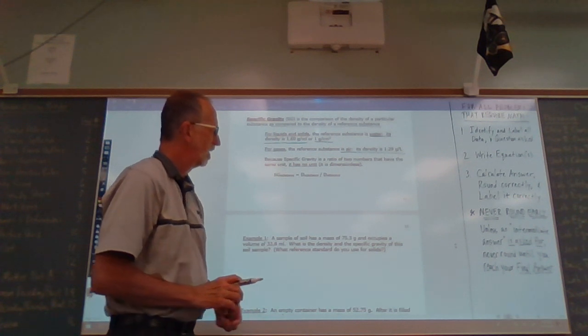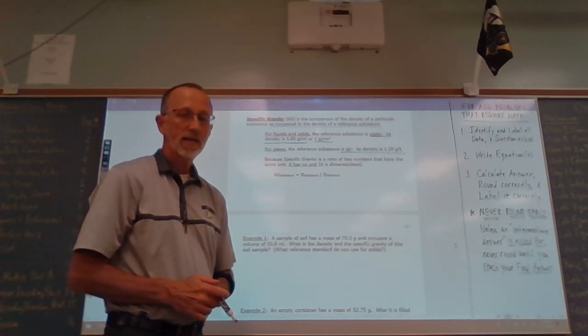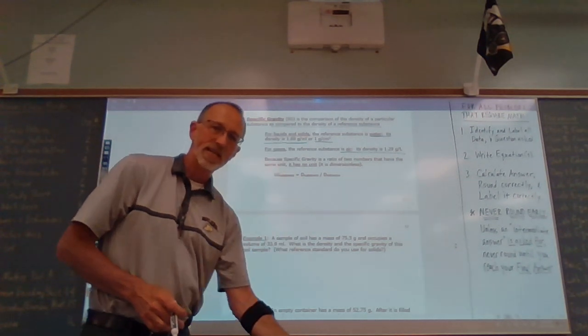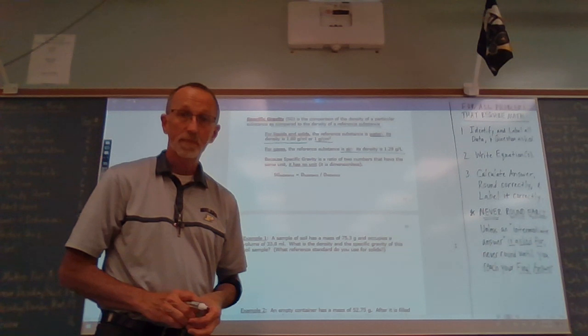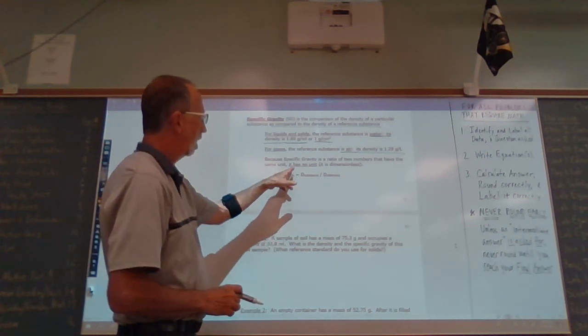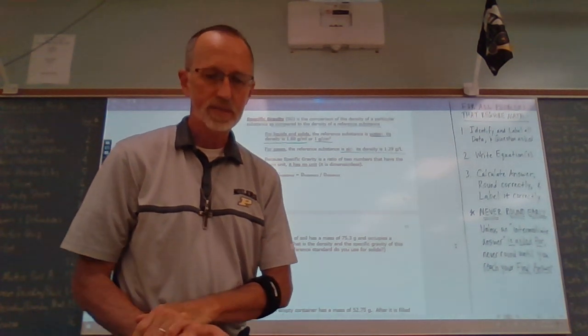Because specific gravity is a ratio of two numbers that have the same unit, right? The density of something over the density of a standard. And those density units are the same. They need to be, right? Then specific gravity has no unit. It's dimensionless.